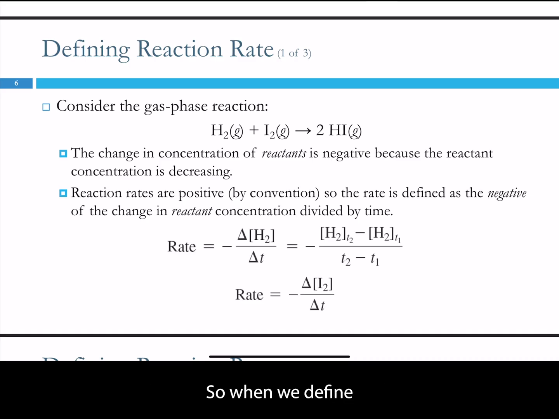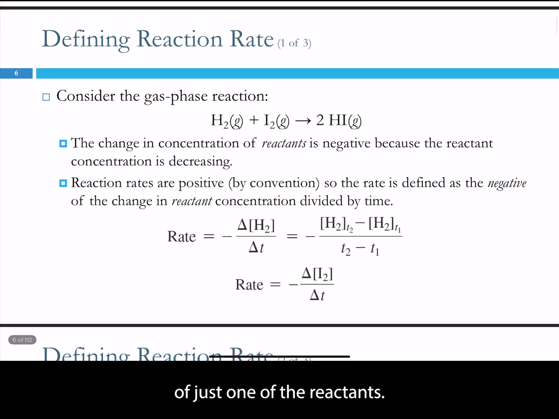So when we define the rate of a reaction, there's actually a bunch of different ways that we can define it, and they're all related. So we define the rate in terms of just one of the reactants. So here in terms of hydrogen, which is decreasing because it's a reactant, it gets used up, concentration goes down, or pressure goes down.